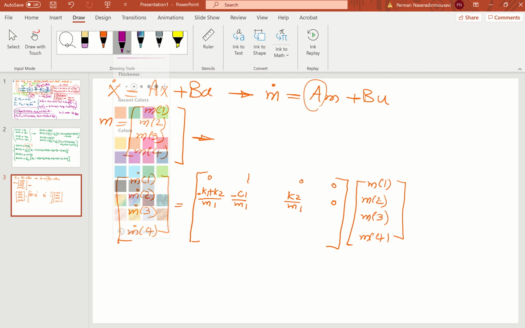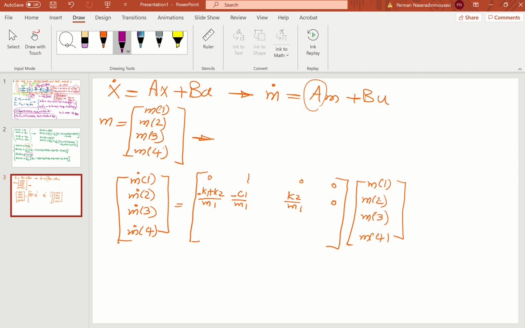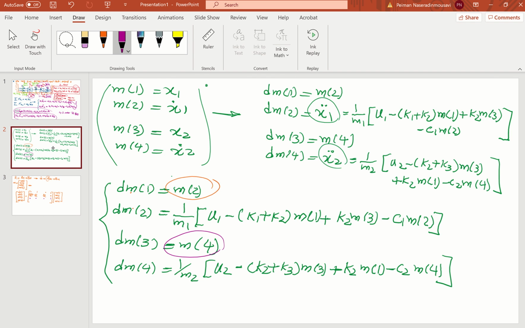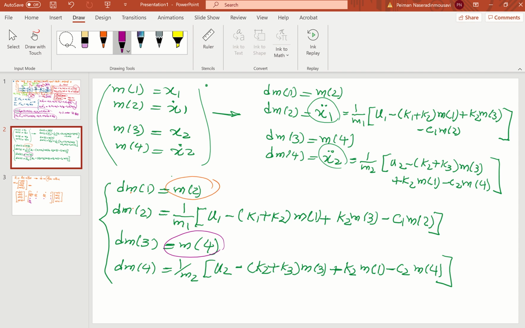Third line, let me change the color. Third line has only m4, so gonna be 0, 0, 0, and 1. Fourth line: m1 is k2 over m2, so here you have k2 over m2. Do we have 2?